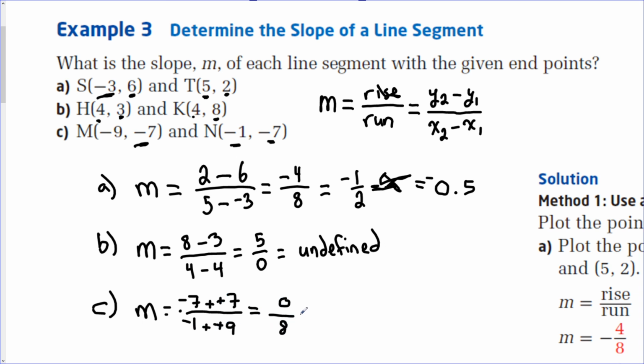And 0 divided by 8 is just like 0 divided by anything, plain old 0. And if a slope is 0, that means a line is horizontal. So the line will look something like that in that case. The line will look something like that in the second case. And the line will look something like this in the first case. And that's example number 3.